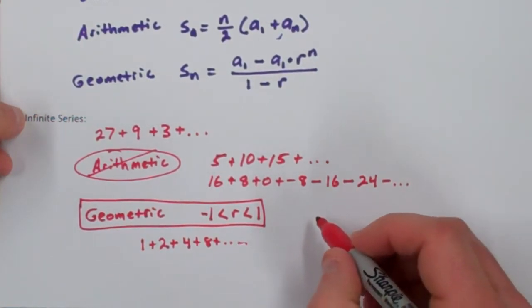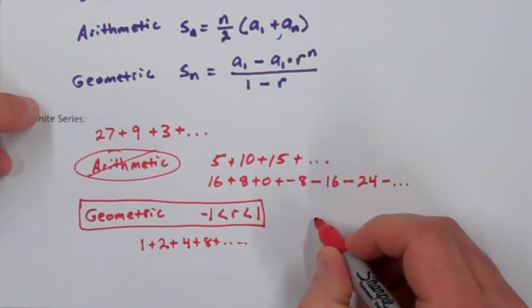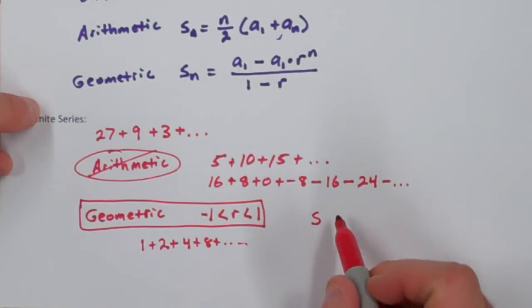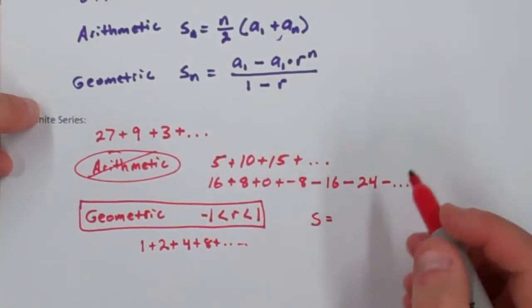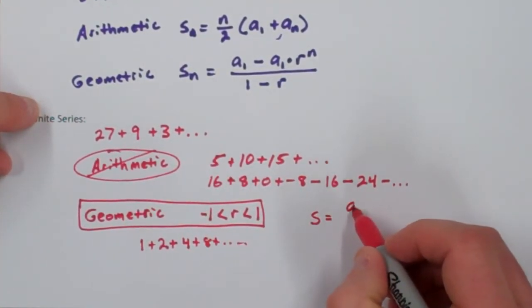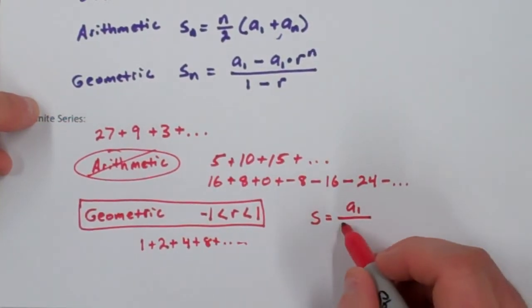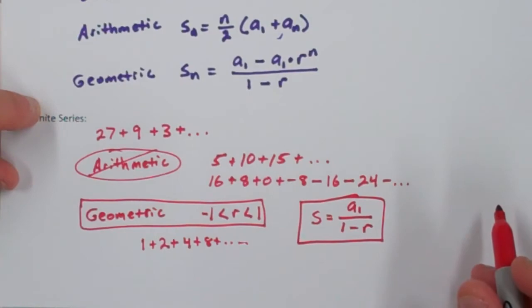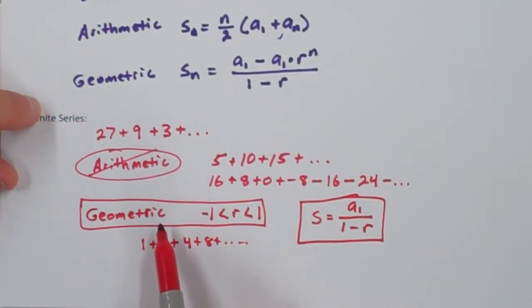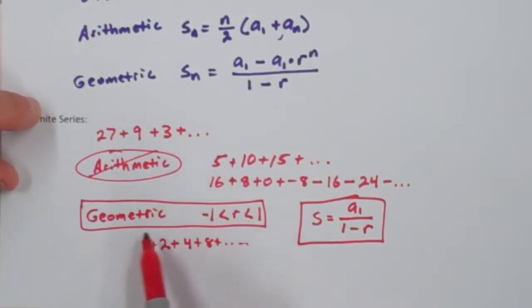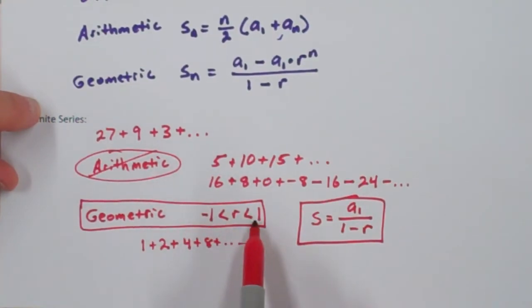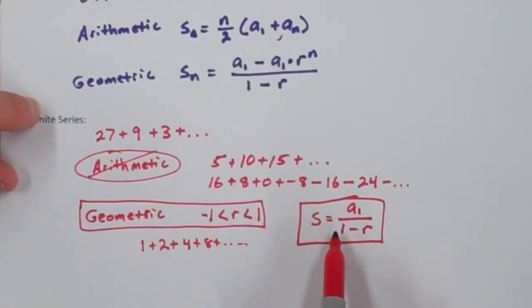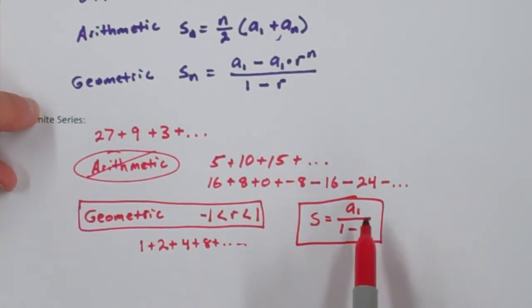The formula to find that is, we just use S is equal to a sub 1 over 1 minus r. So I'll box this in as well. That's going to be an important formula. If the sum exists, it has to be geometric, r has to be between -1 and 1, then the sum is the first term divided by 1 minus r.